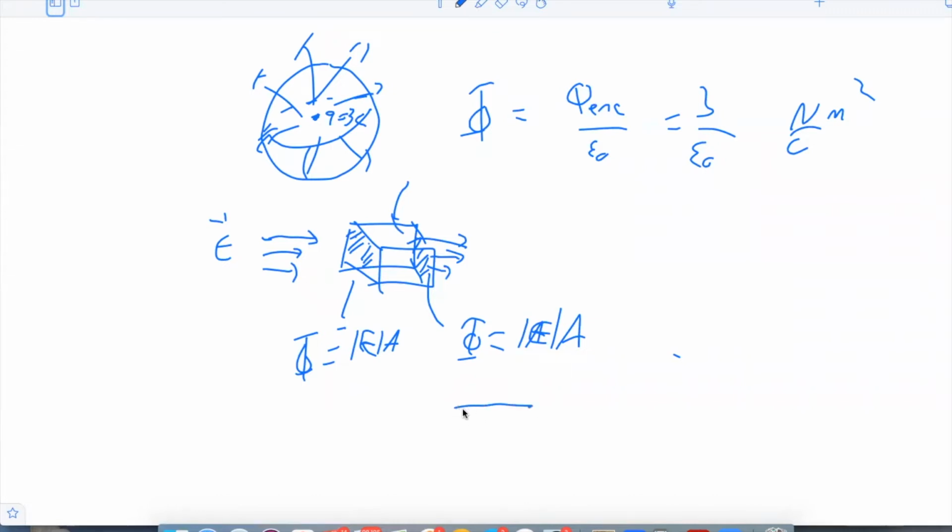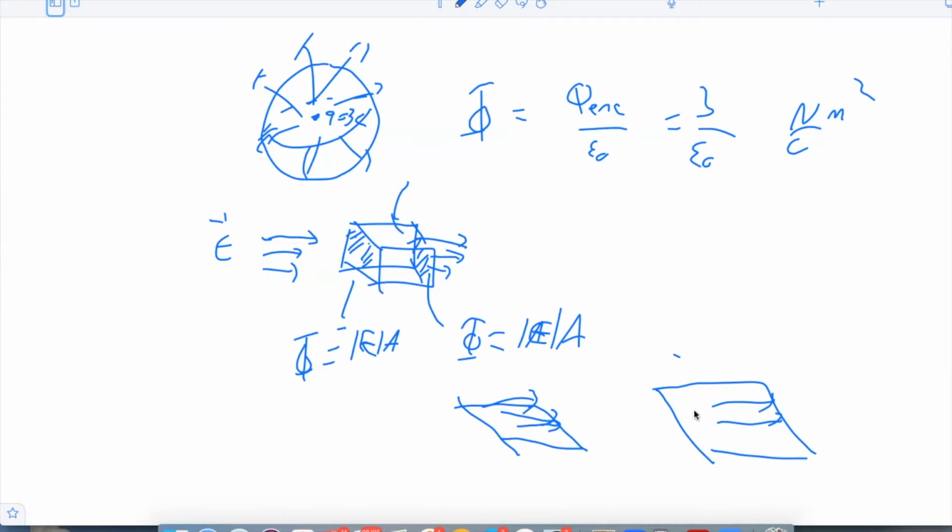Let me try to draw this again. Again, my 3D drawings are not great. E is flowing along that surface. So we're not passing perpendicularly through the surface at all. E is parallel to that surface. It's just riding along the top of it.